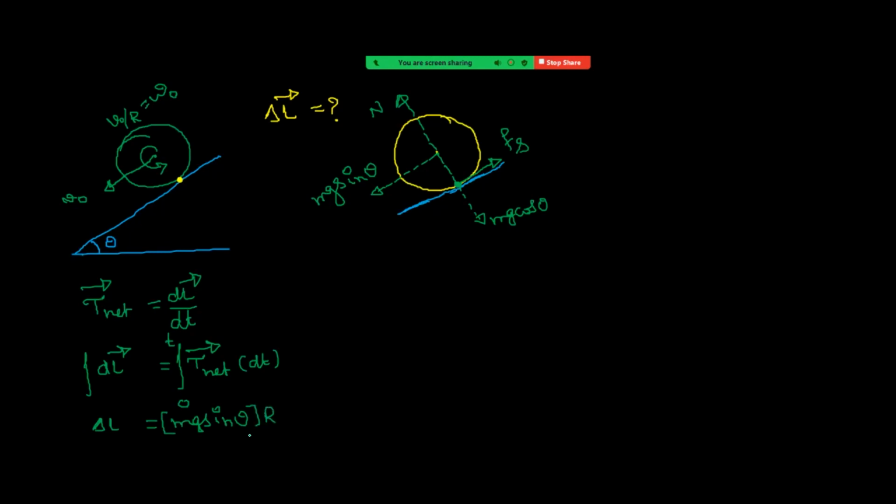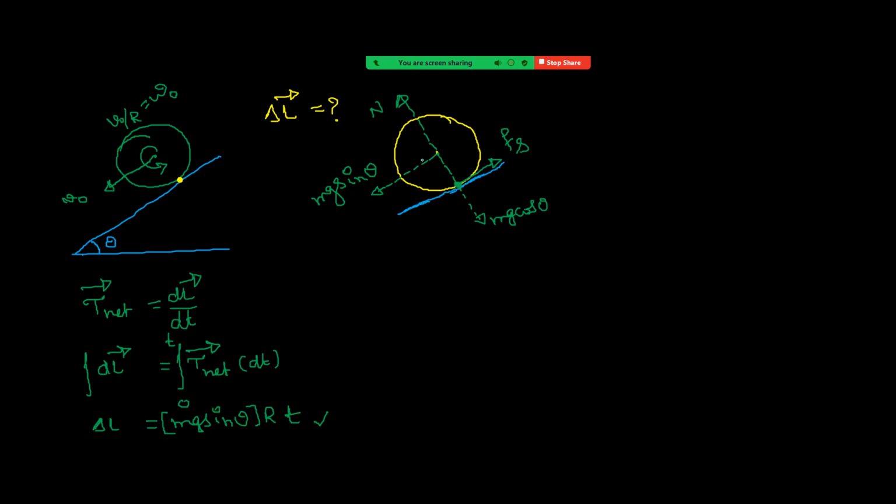This is the net torque on the body about the contact point. Integration of dt gives us t. So it is mg sin theta r into t. This is the change in angular momentum as a function of time about the contact point.